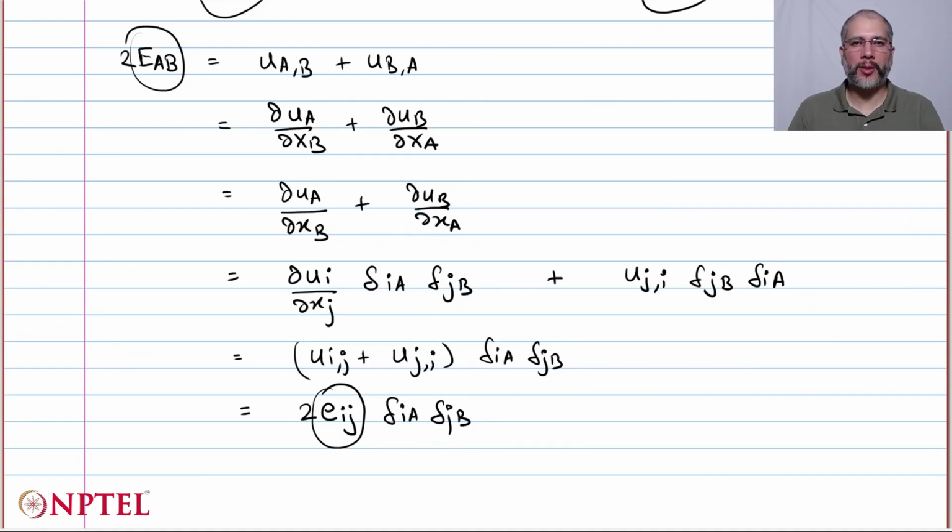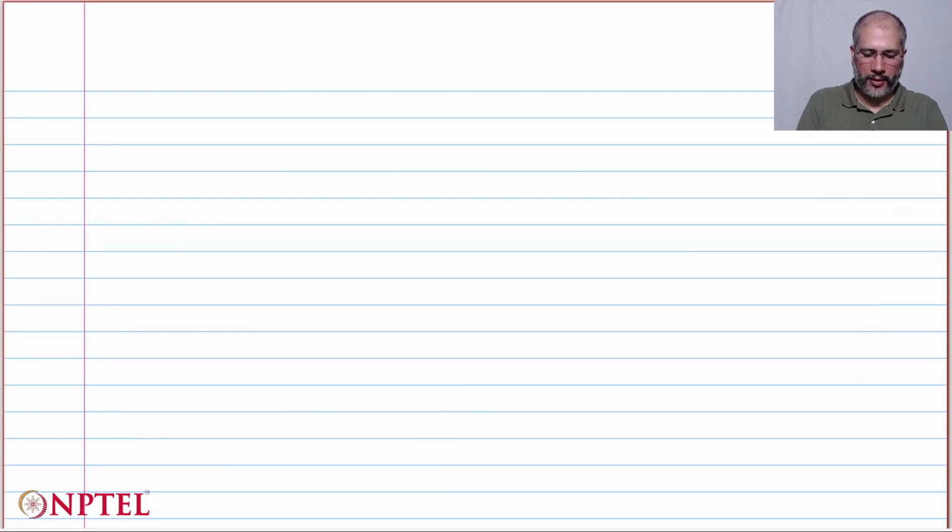And that's a good thing because now we don't have to work with two separate strain tensors. We'll only work with one and we'll give it a name. We will call it epsilon, the infinitesimal strain tensor.